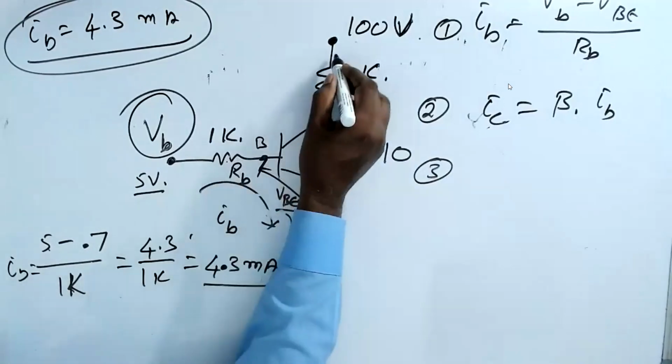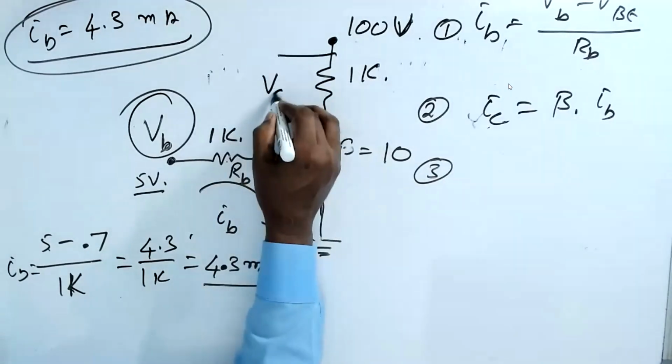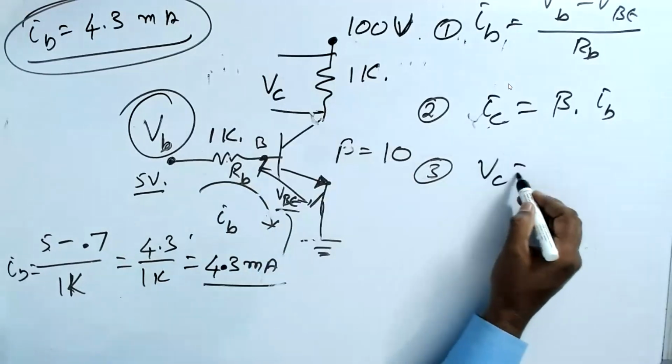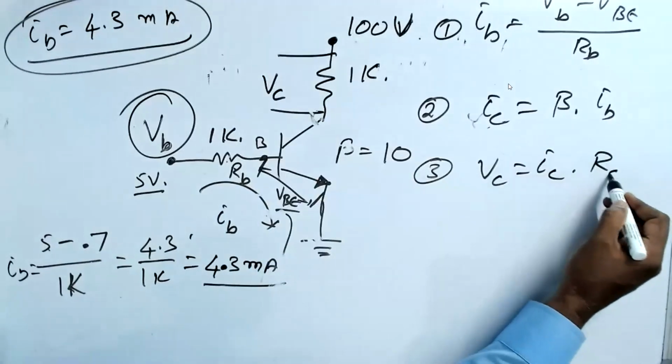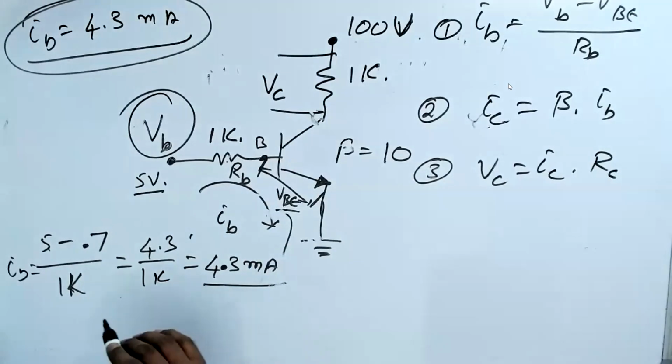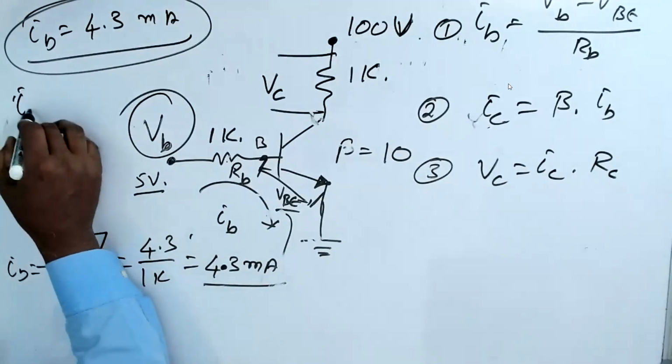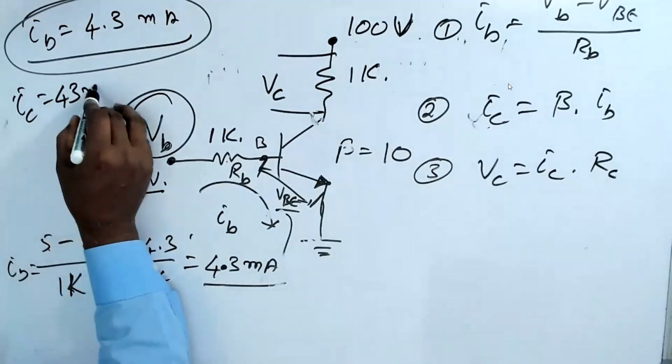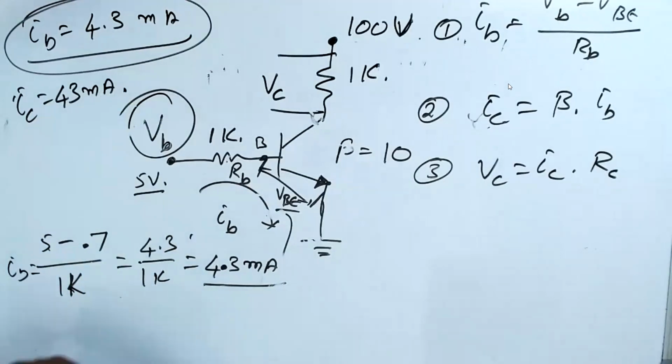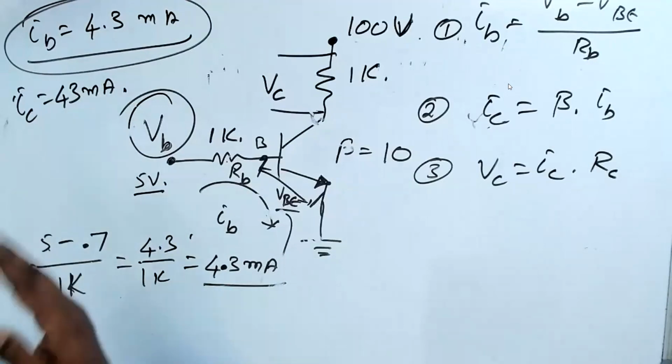Just calculate the voltage across this, VC. VC is equal to IC into RC. Okay. Now what is IC now? IC is equal to 43 milliampere.